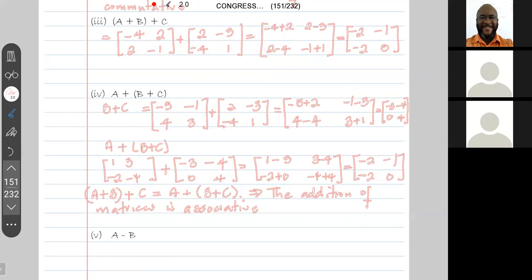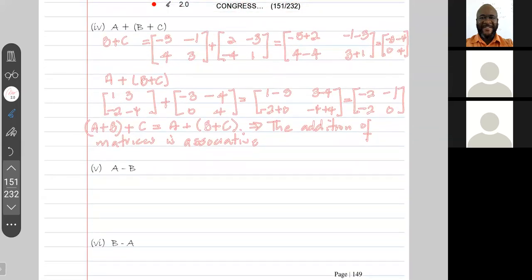Here's what associative deals with: the grouping. What do you do first? We're adding three matrices. In the first scenario, we'll first add A and B, and whatever we got, we add it to C. In scenario number 2, we first add B and C, and whatever we got, we add it to A. But when we did that, the answer came out to be the same. If an operation does this, we say that the operation is associative. Associative deals with grouping. We change up the grouping, but the answer came out to be the same.